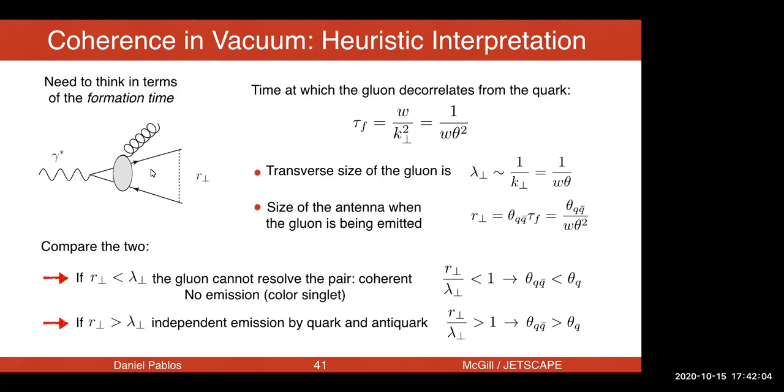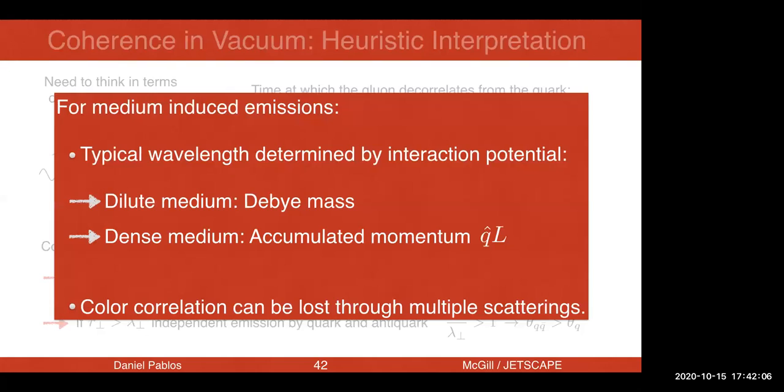And what you need to know about the medium, which I won't go into detail, is that in the medium the typical wavelength is determined by the interaction potential. It's a screened potential, it has an infrared regulator, which for a dilute medium would mean that the typical wavelength is simply the Debye mass of the medium, while for a dense medium, where you can accumulate a lot more momentum from several collisions, it's proportional to q-hat times the time of travel inside the medium.